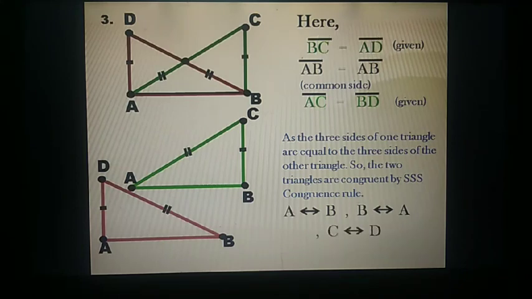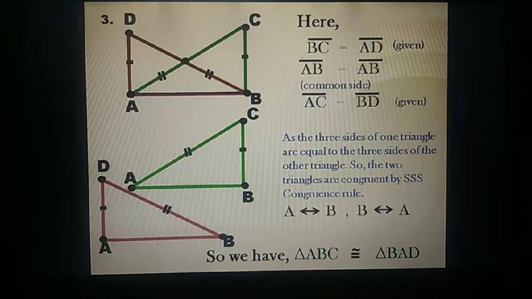So now we can write the symbolic form as triangle ABC is congruent to triangle BAD. Yes, first set as a first letter, second set as a second letter, and third set as a third letter. So now we can conclude that the second statement is meaningful.